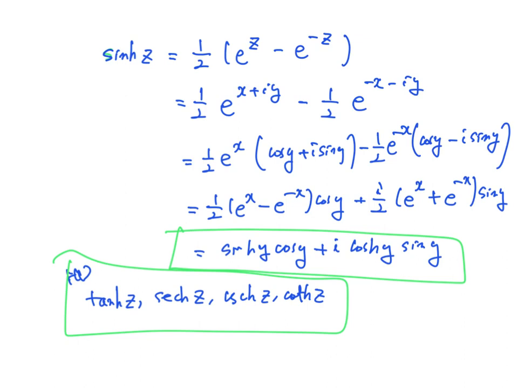So you have 7 homework problems. I think each function will take about 5 to 10 minutes, so it will take about 1 hour. So if you have nothing to do for 1 hour, then it's the perfect time to do homework.